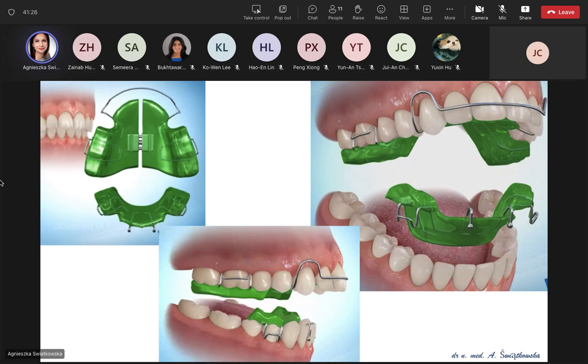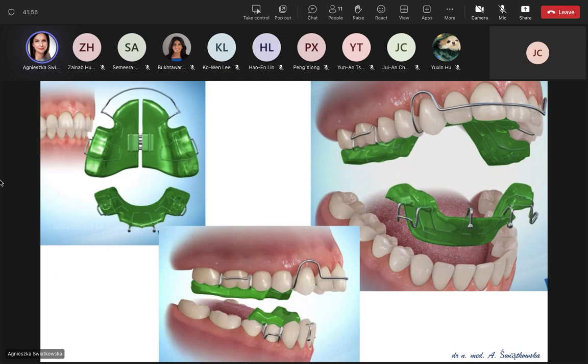We see that, and if intraorally this situation looks better, and also extraorally when we look at the patient's profile, when his profile also looks better, it is information for us that we can treat this patient with functional treatment. We can give this patient functional appliances.